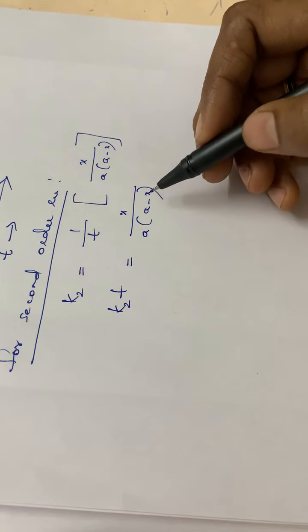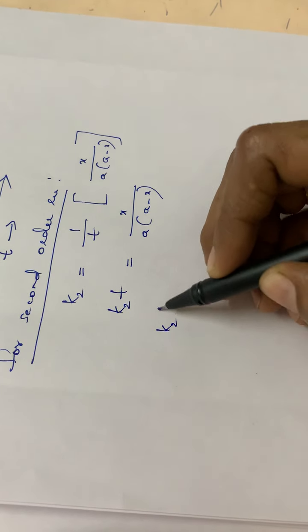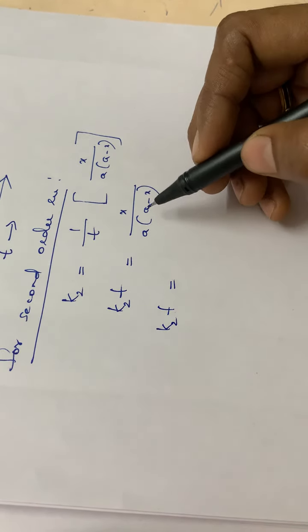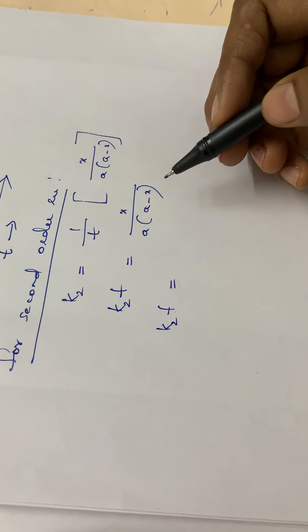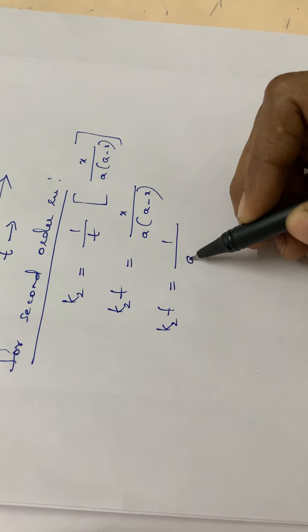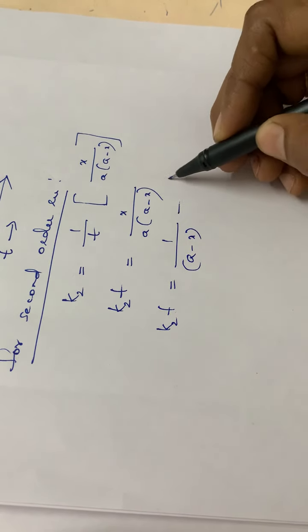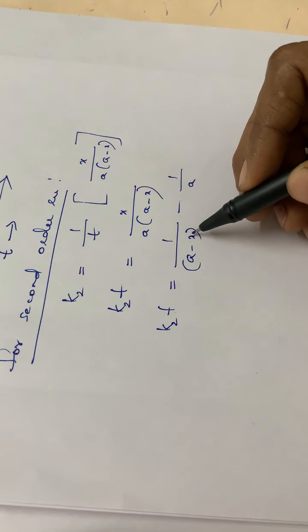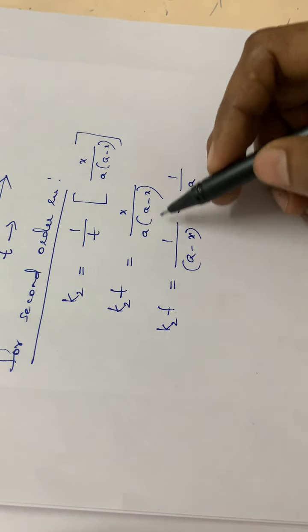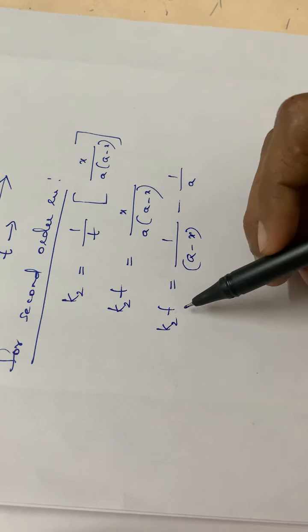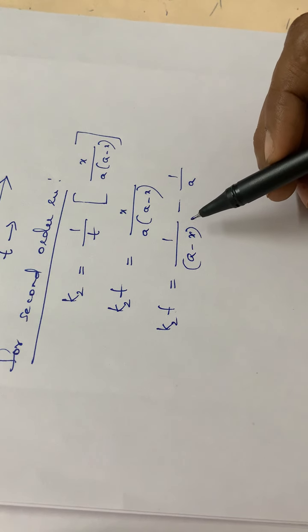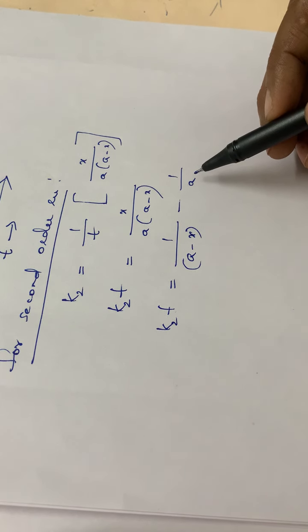Then you have to split this term. While simplifying, x divided by A into (A minus x) will be equal to 1 by (A minus x) minus 1 by A, isn't it? While taking the LCM, we get this term. So K2t is equal to 1 by (A minus x) minus 1 by A.